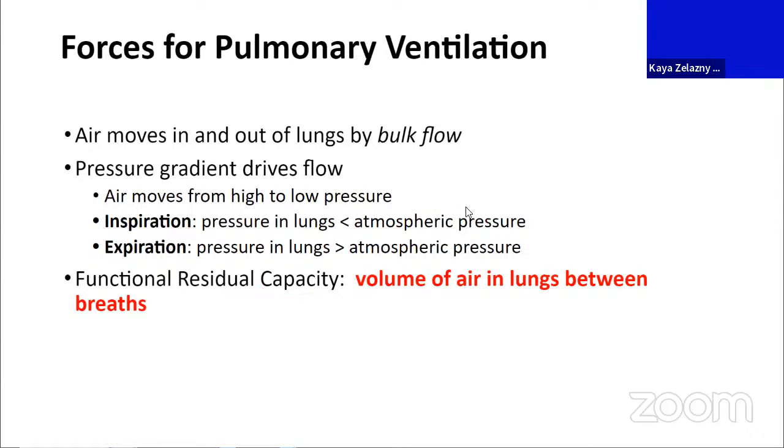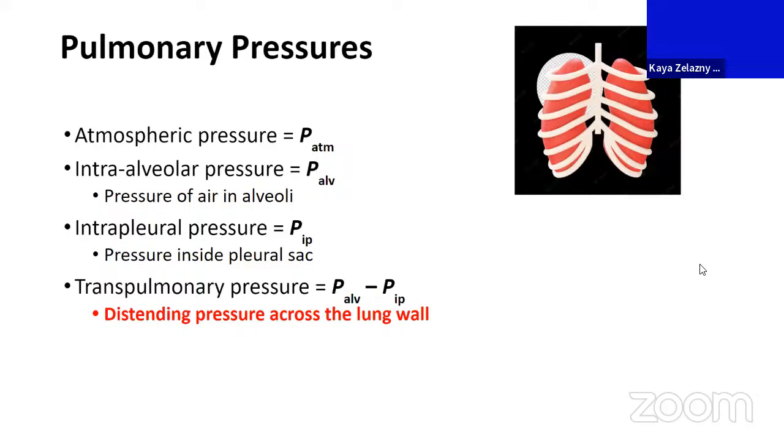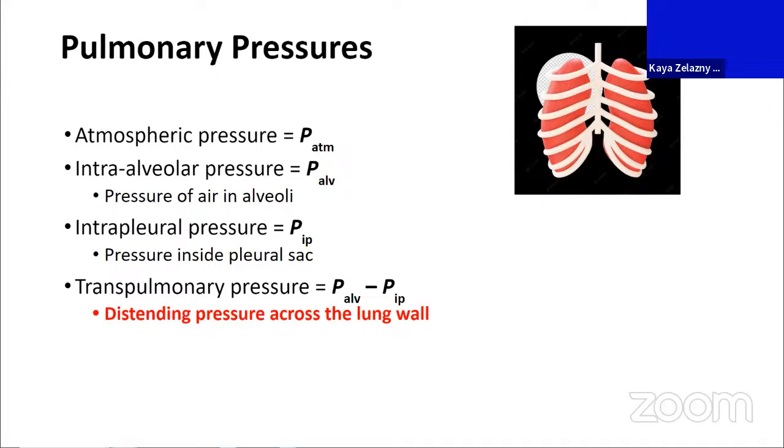Okay. Cool. All right. So pulmonary pressures. These are the various variables you might expect to see in any question about our lungs, right? We're going to be thinking first, and most important, about the pressure in the atmosphere versus the pressure in the alveoli, right?